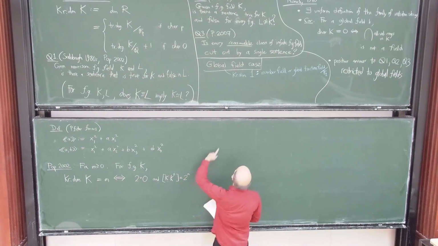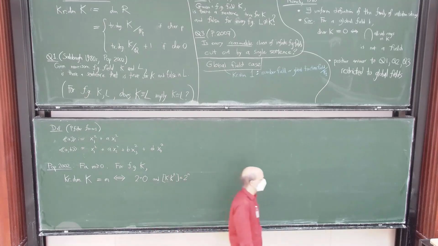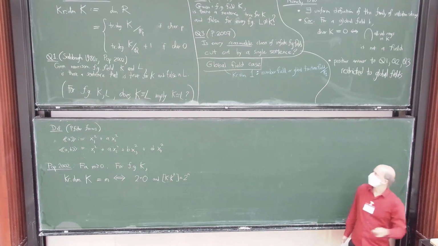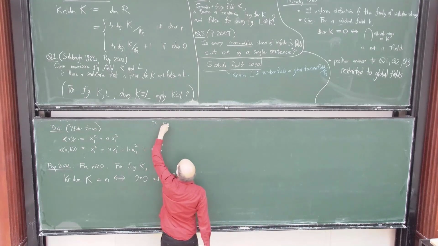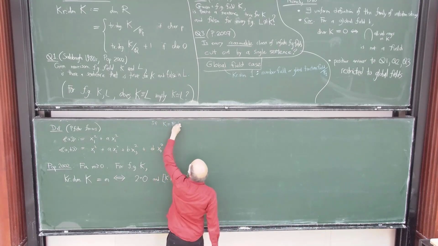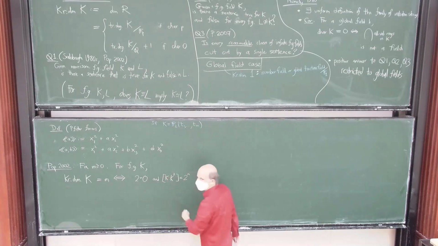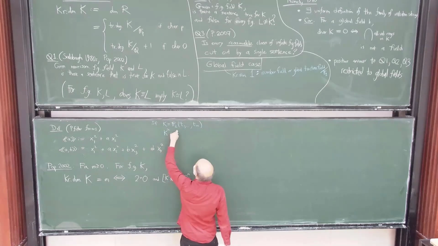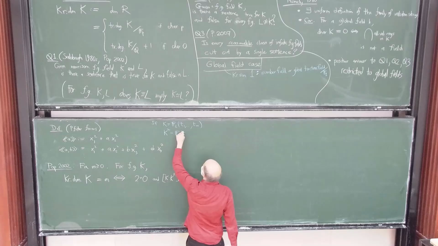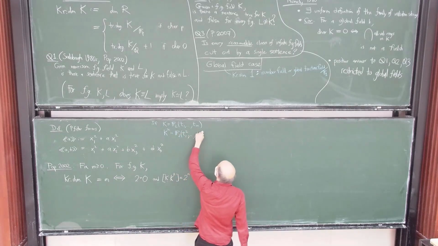Let me just do an example. If K is the field F_2 adjoin m variables, so that's an example of a field of Kronecker dimension m, then if you take the squares of all these elements, you'll get just another rational function field generated by the squares of these variables.